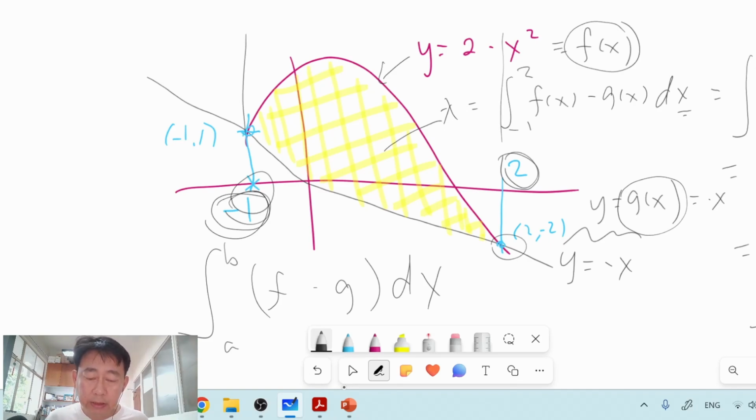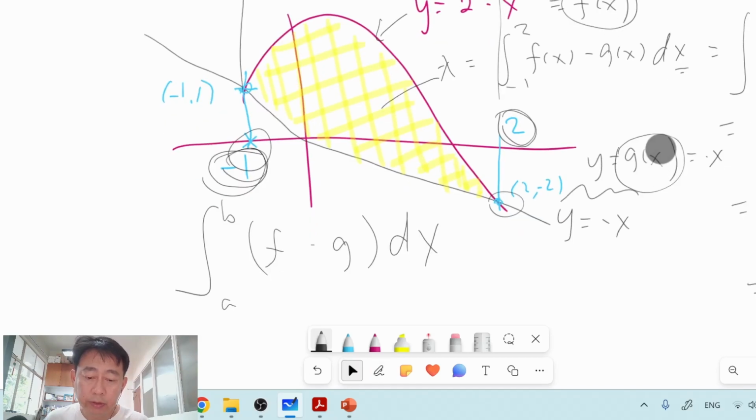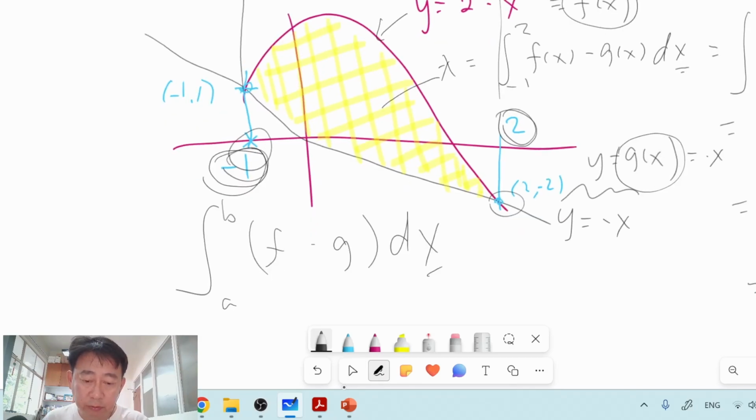The important thing to note is that you are integrating with respect to x. The reason is that when you obtain this formula, you are actually partitioning the area along the x-axis.